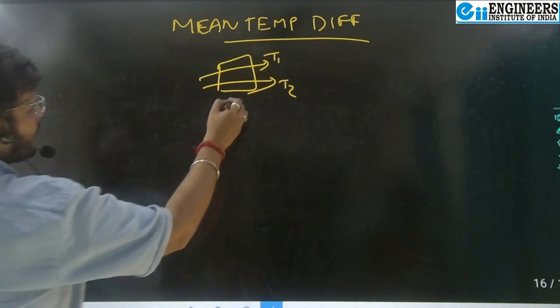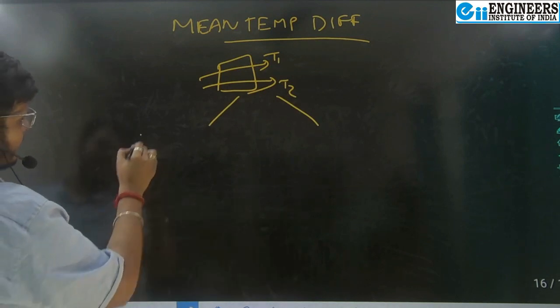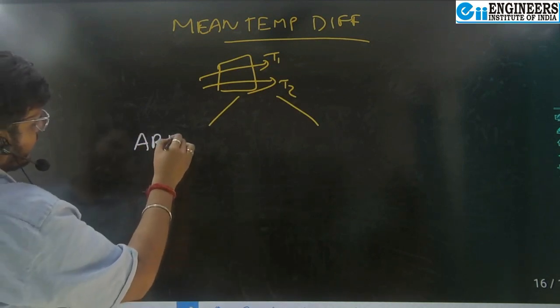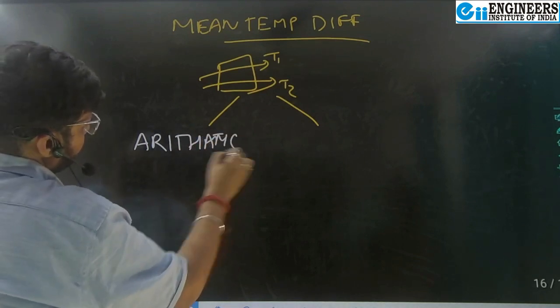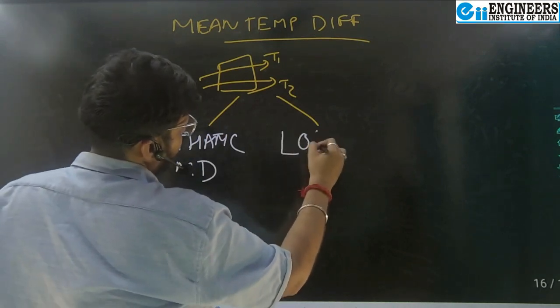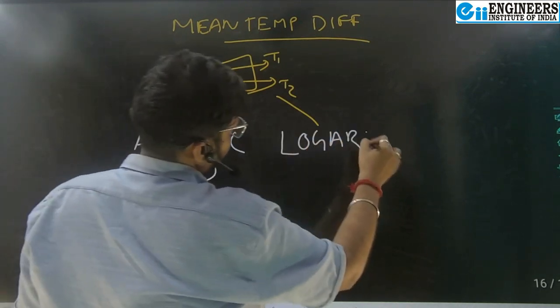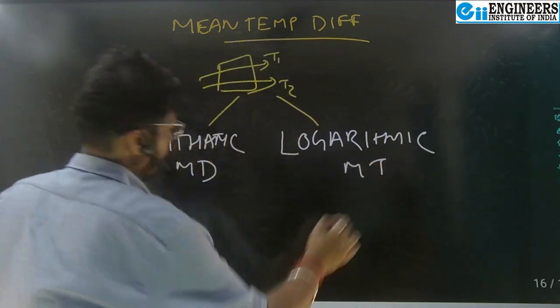This mean temperature difference is primarily categorized into two parts. The first one is the arithmetic mean difference, and the second is the logarithmic mean difference.